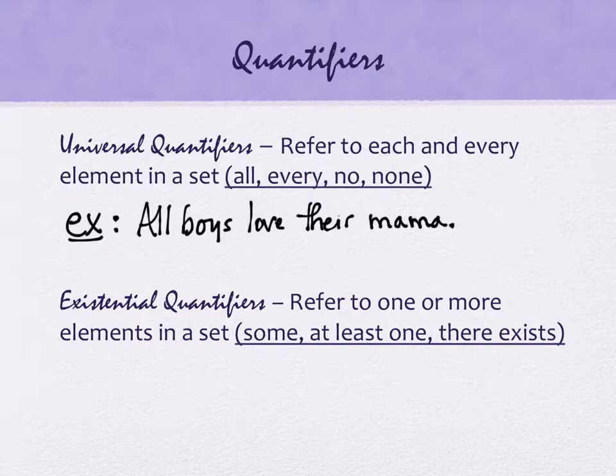Existential quantifiers refer to one or more elements in a set. So you get words like some, at least one, or there exists. Some boys love their mama. It's different than all, isn't it? Because it almost has the feeling that means also that some don't.